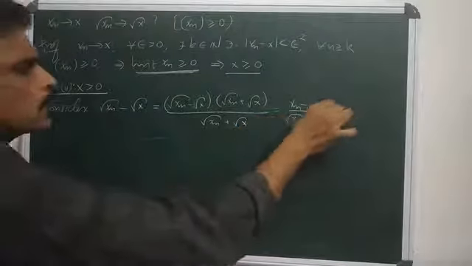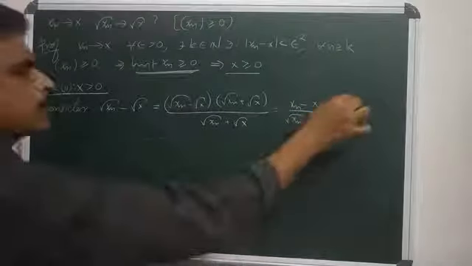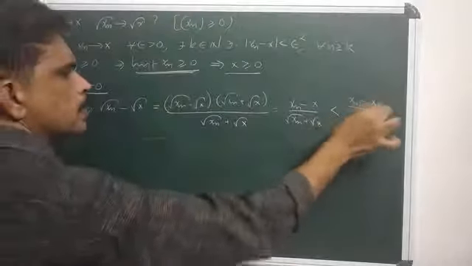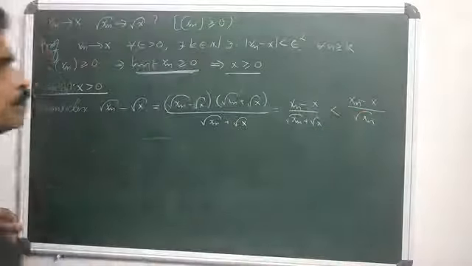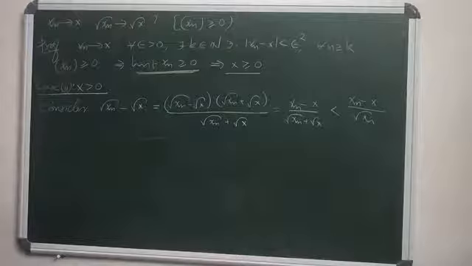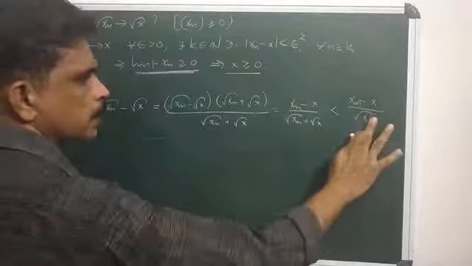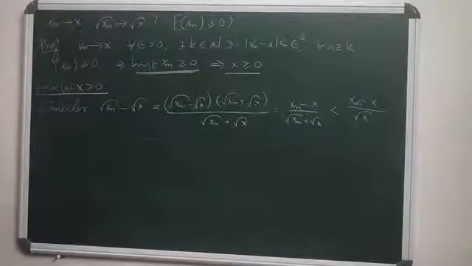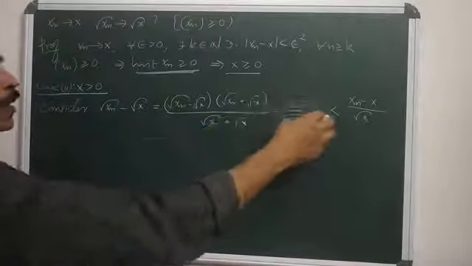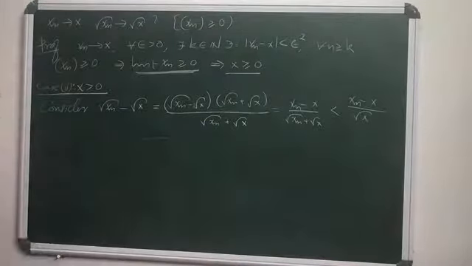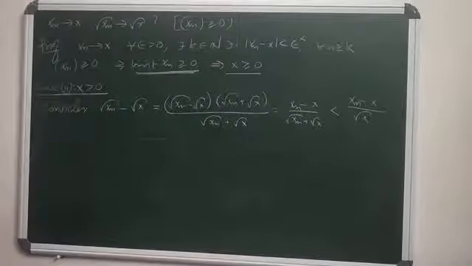But (xn - x)/(root xn + root x) is less than (xn - x)/root x. Why? Because xn is a sequence of non-negative reals. So clearly (xn - x)/(root xn + root x) is less than (xn - x)/root x. Okay.